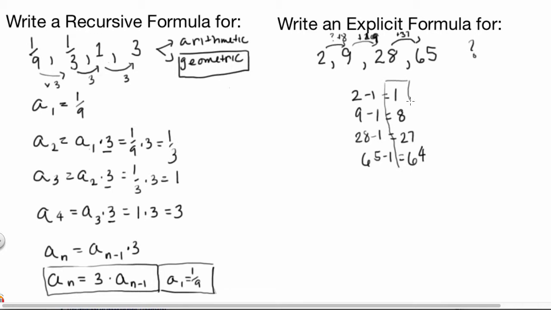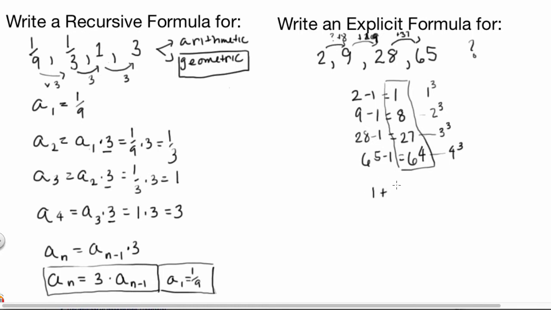Well, if you're aware of your numbers, you should notice that once we subtract 1 from them, you get 1, 8, 27, and 64. I know you may not immediately have caught that, but these are all cubes: 1 cubed, 2 cubed, 3 cubed, and 4 cubed.